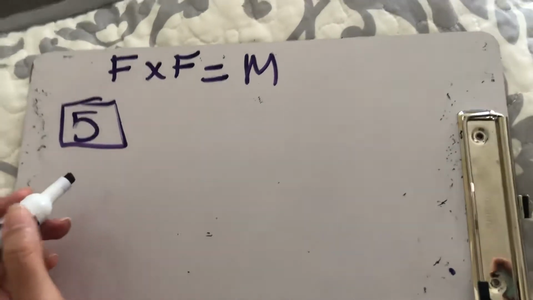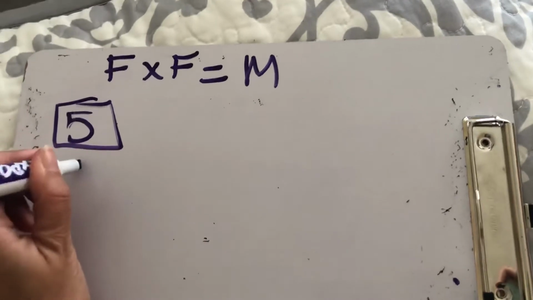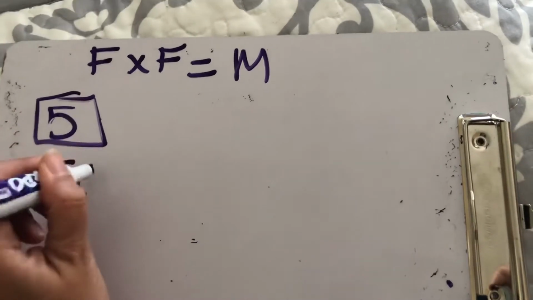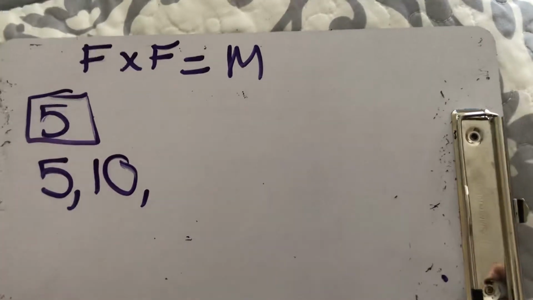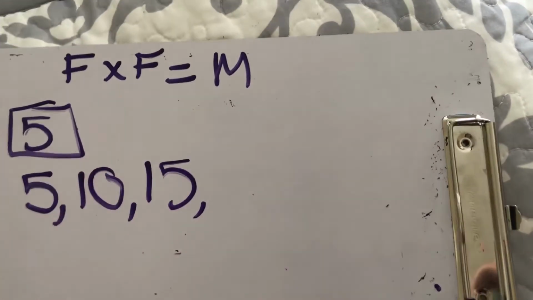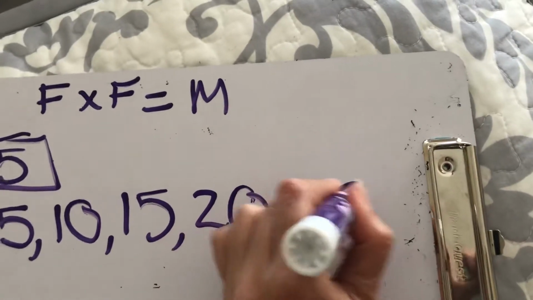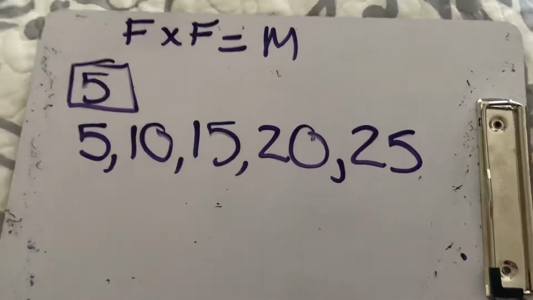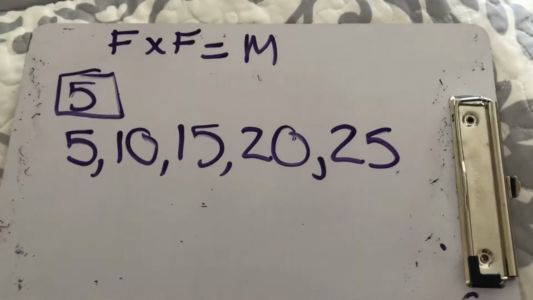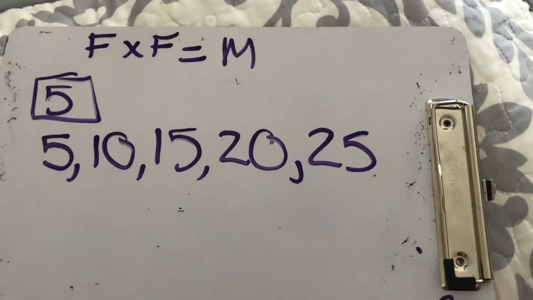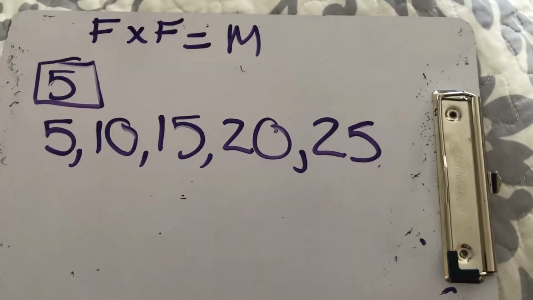So to find the first 5 multiples, you would simply think to yourself, 1 times 5 equals 5. 2 times 5 equals 10, 3 times 5 is 15, 4 times 5 is 20, 5 times 5 is 25. So some of you might have noticed that we're just simply counting by 5. Multiples is a number pattern because we're multiplying the same number over and over again.